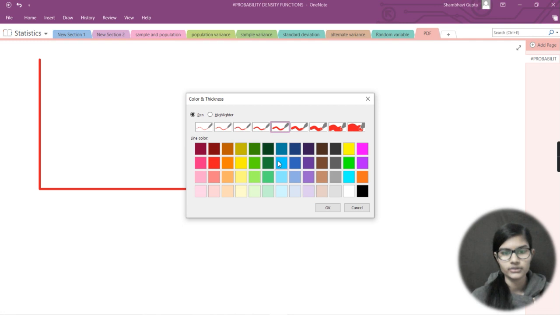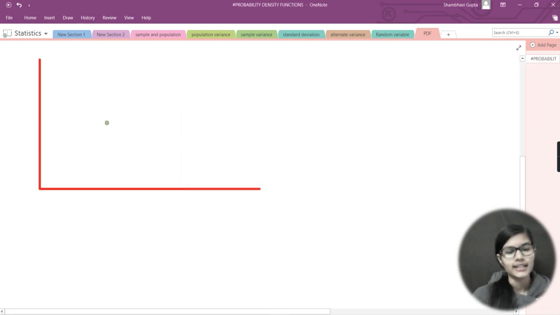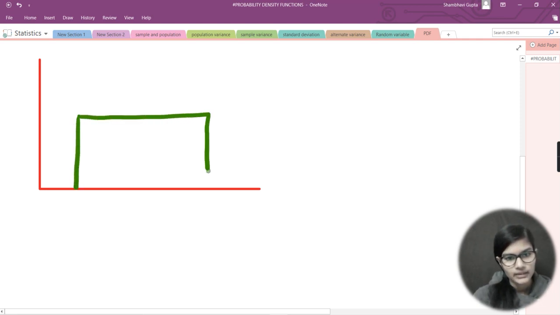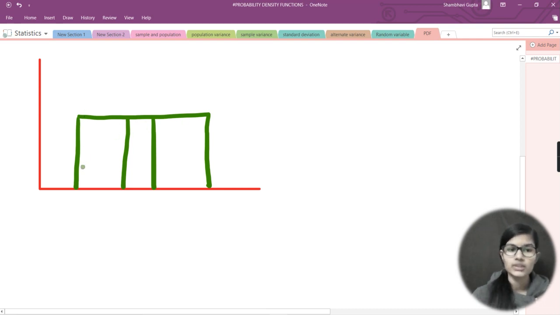Okay, I'm going to make a graph like this. What is this graph called? A graph which has these horizontal and vertical lines is known as a uniform distribution. Uniform distribution means a continuous distribution where the values are not varying. It simply starts from here, goes to a point and then ends, right? So it is known as a uniform distribution.